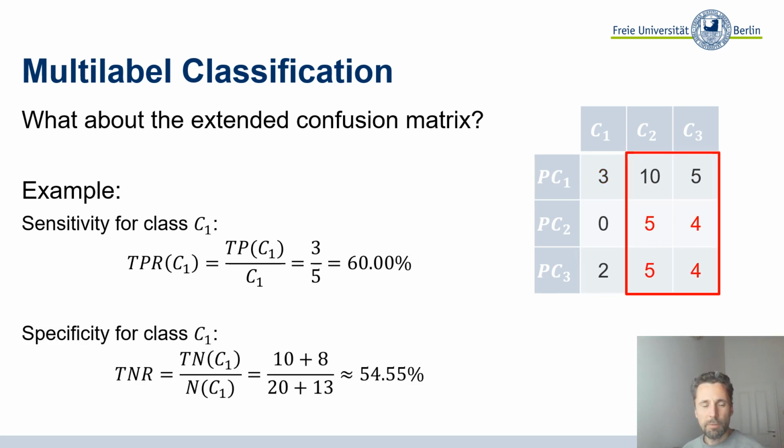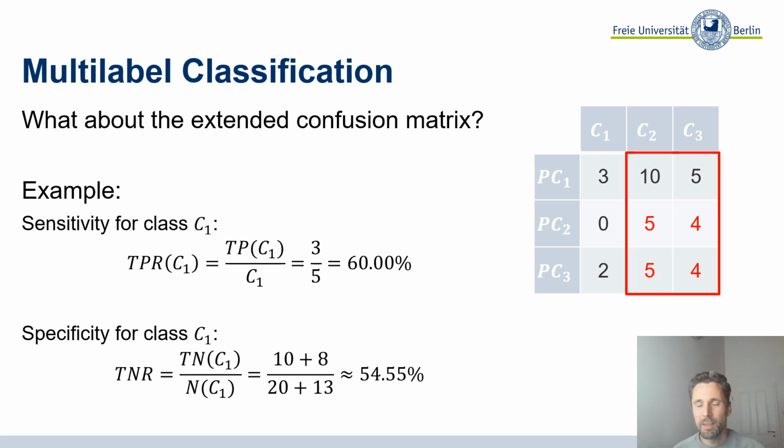And let's have a look at specificity. Again, we will do this per class. We can calculate a specificity for class 1, but now we look at the outputs that correspond to all the other classes, the rest of the world.